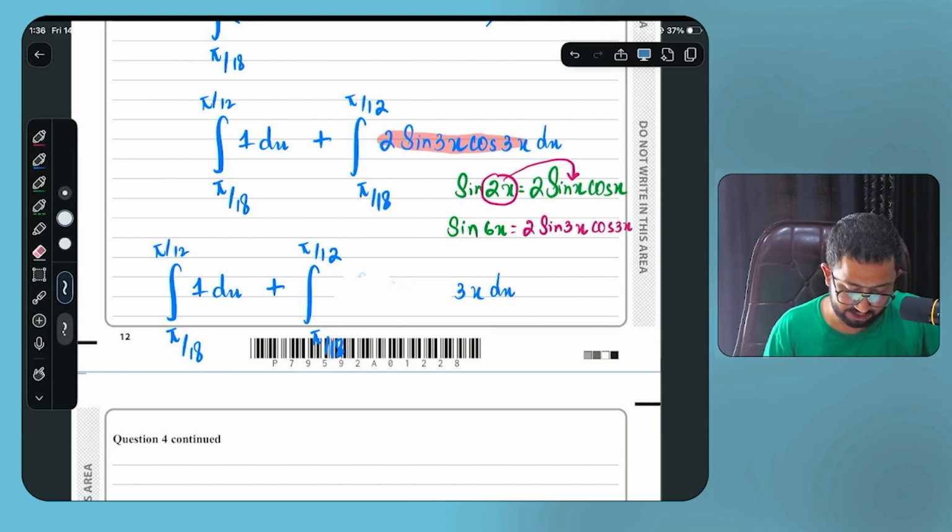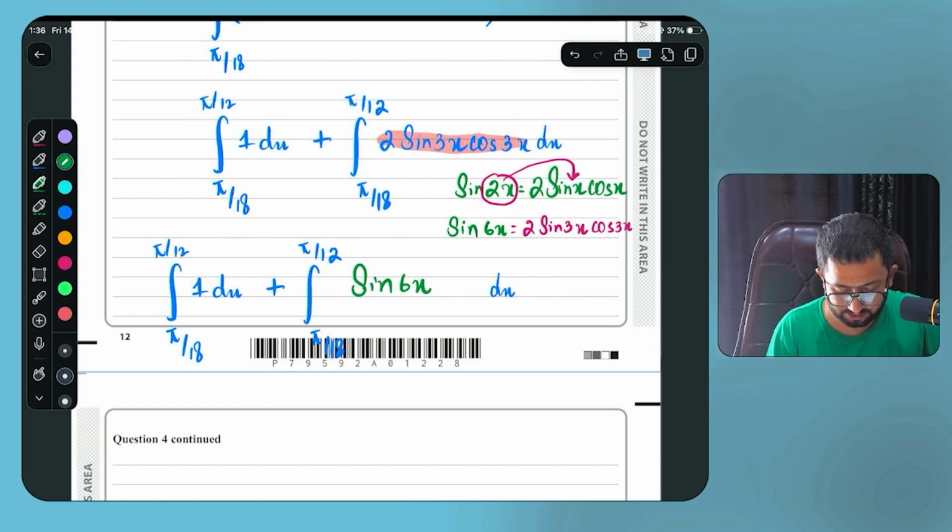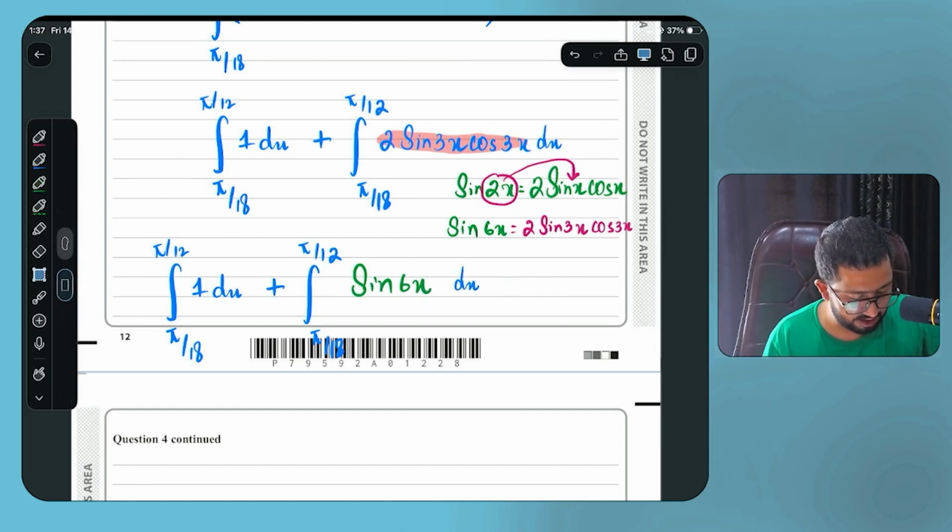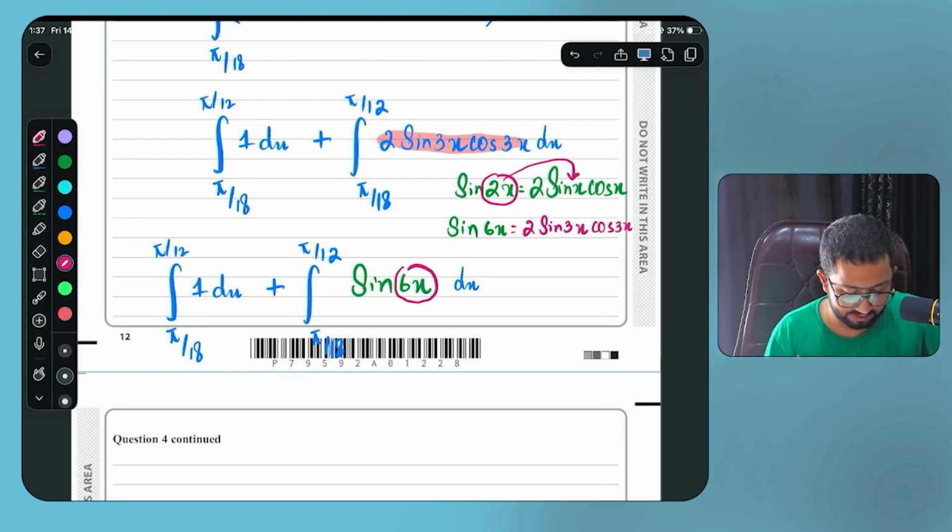So now I can use sine 6x in this function. Now everyone knows I can't integrate a sine function until the derivative of the angle is present outside the box, outside the operator.